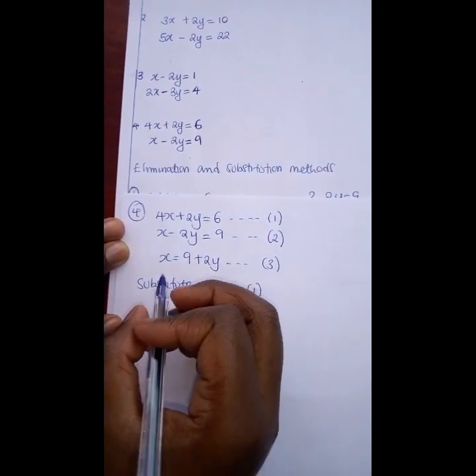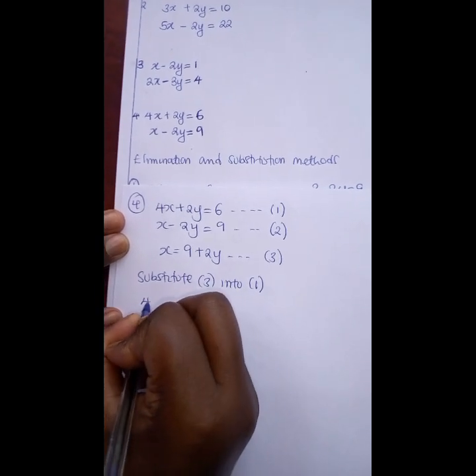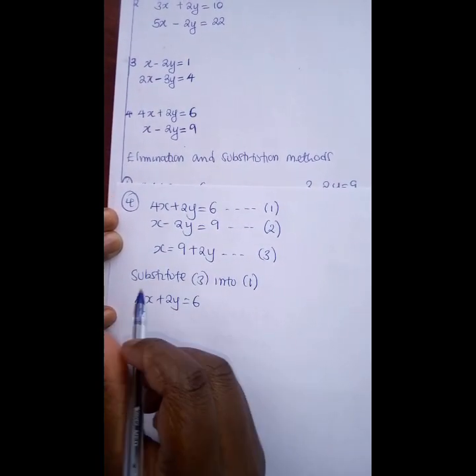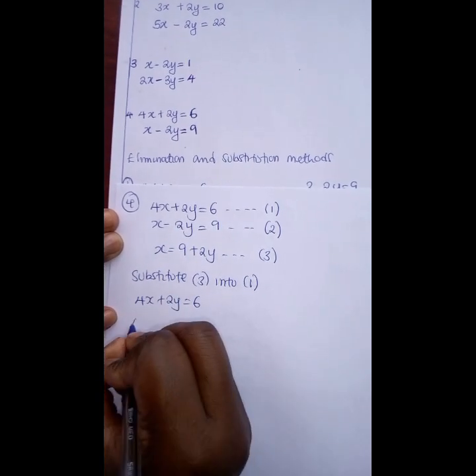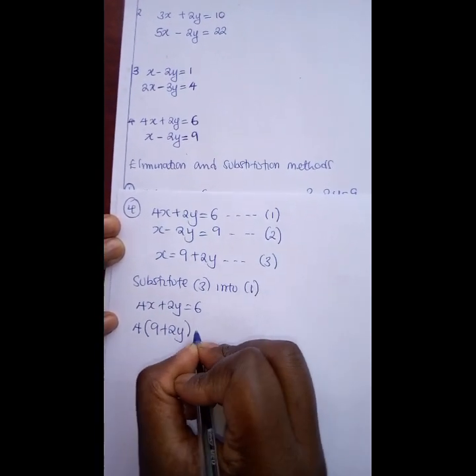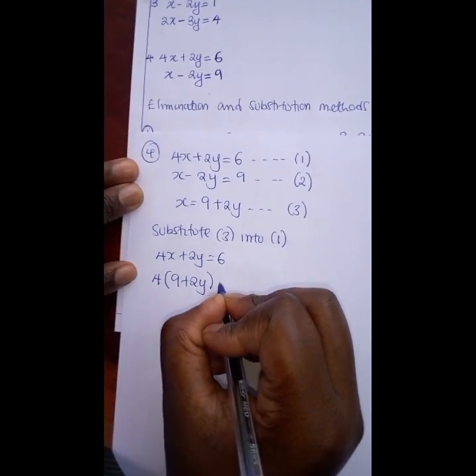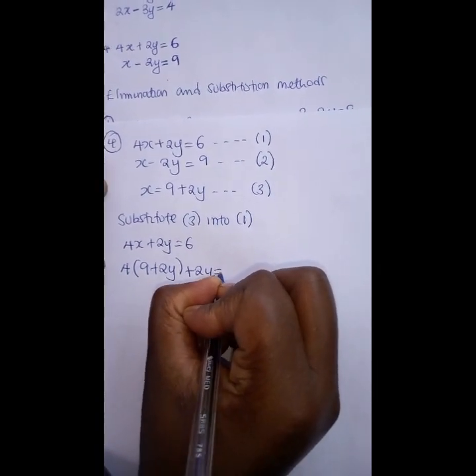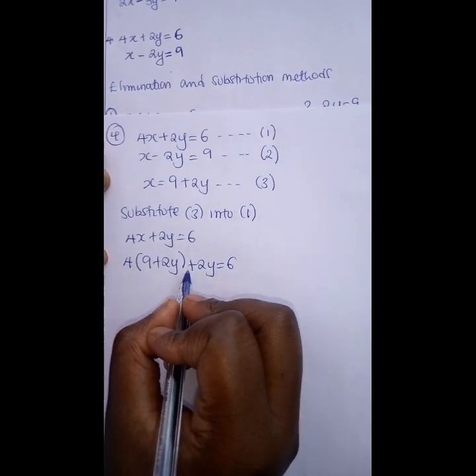So equation 1 is 4x plus 2y equals 6. Where there is x, we put 9 plus 2y. So it will be 4, open brackets, 9 plus 2y, and then again plus this 2y is equal to 6. Then we expand. How do we expand?